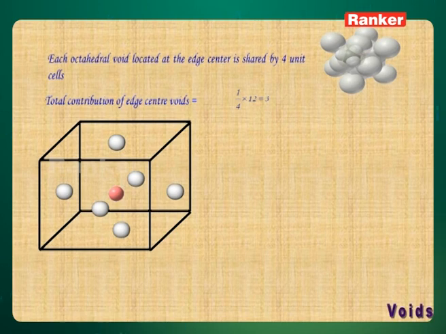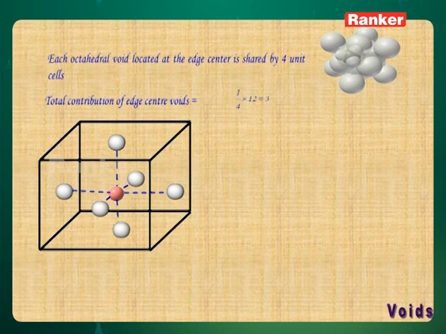The red ball is at the body center, and it is in contact with all the white spheres positioned at the centers of 6 faces, that is the top face, bottom face, right, left, front, back. So this is the octahedral void formed at the body center.